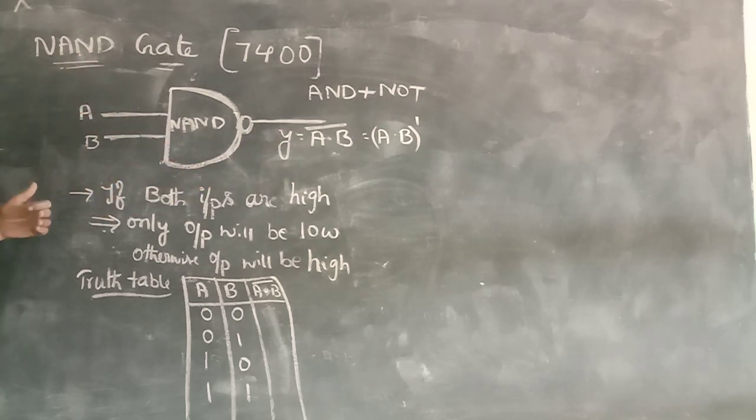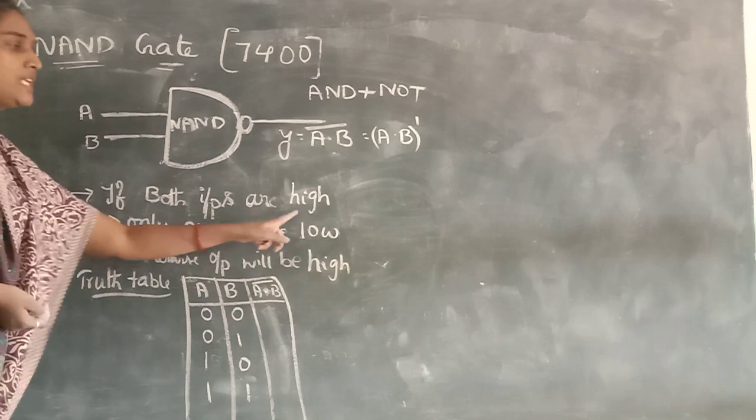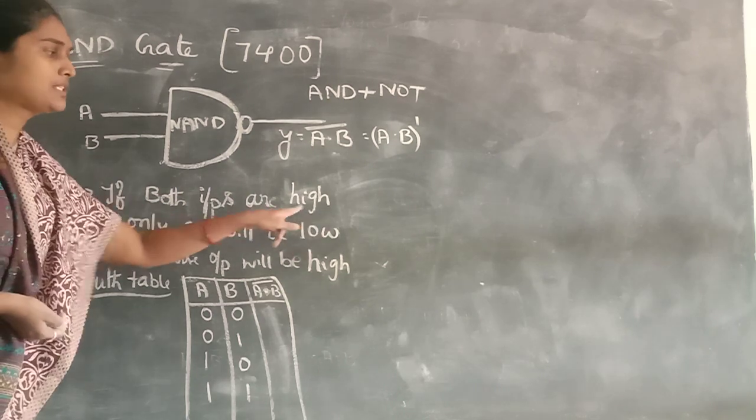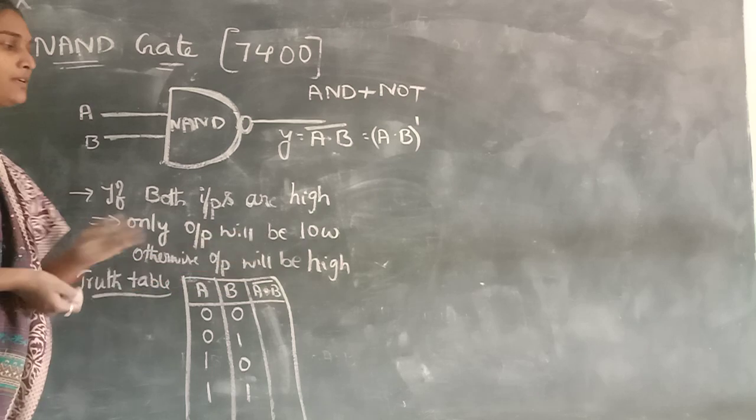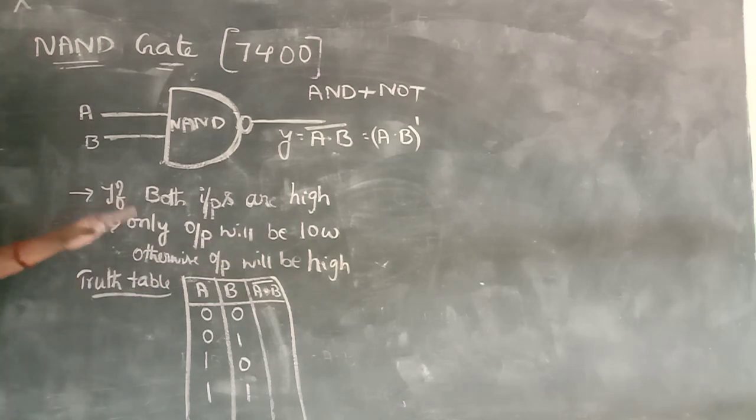Next, what does it represent? If both inputs are high, then only the output will be low. Otherwise, the output will be high. It is just the complement, the reverse, of the AND gate.